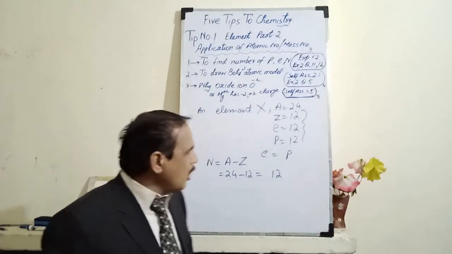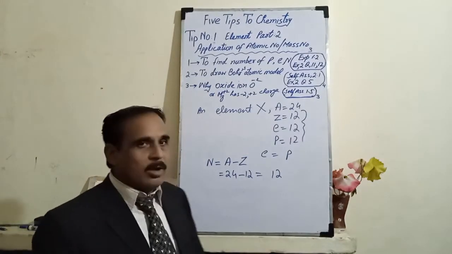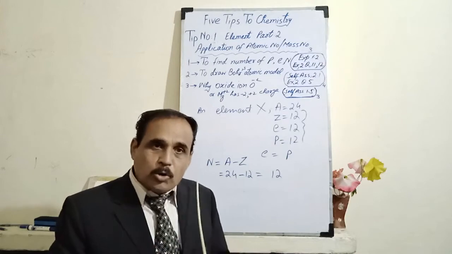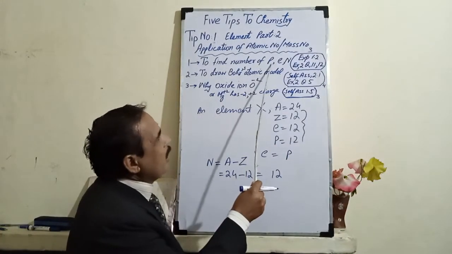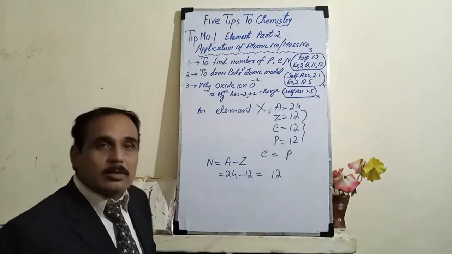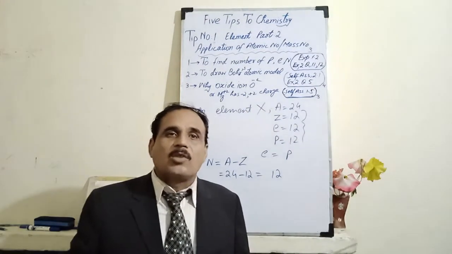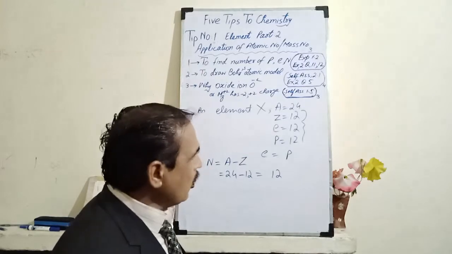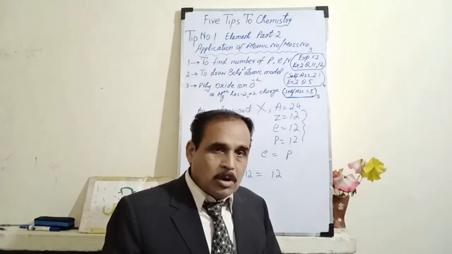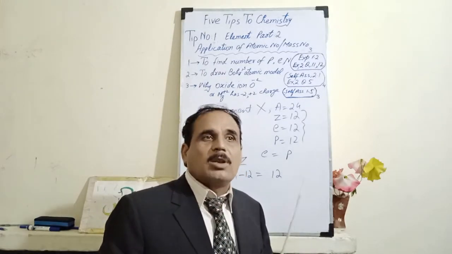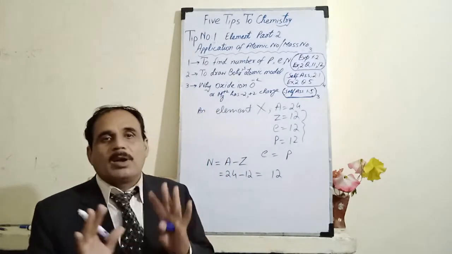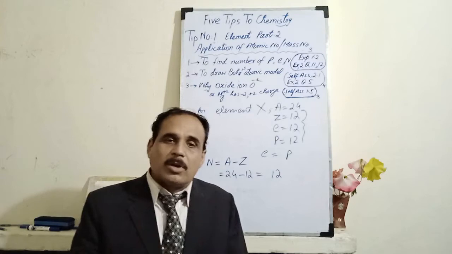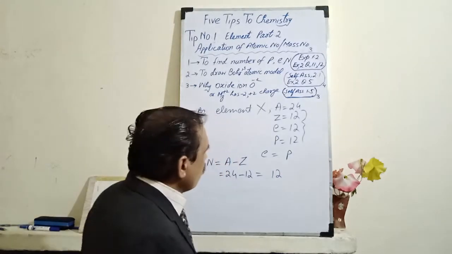So it means number of neutrons are also 12. Now you have determined number of protons, electrons and neutrons in an atom, and you can also tell its name because you have learned the atomic number. Atomic number is basically the identification number of an element, just like your roll number in classroom.